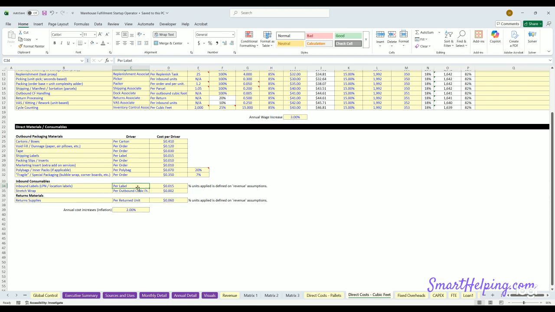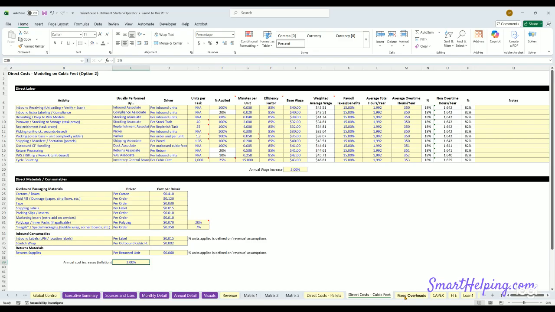Inbound consumables per label, cost per label, outbound cubic foot, cost per outbound cubic foot for stretch wrap, and returns, amount of money for return supplies if that's relevant, and then the cost or price inflation. Okay, wow, I got through it. So those are the main revenues and direct expenses of everything.